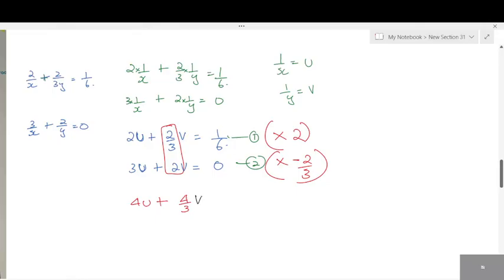So 4 is equal to, when you multiply, what do you get, 2 by. Next one, minus 3u plus, sorry, not plus, minus, not 2, 4 by 3.